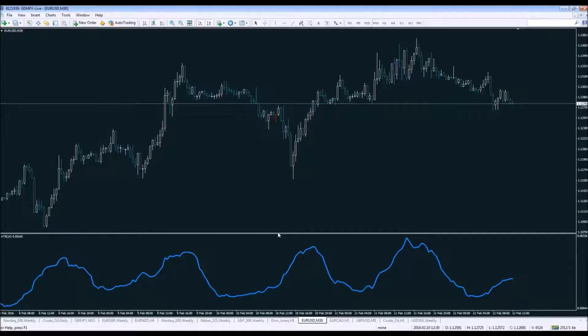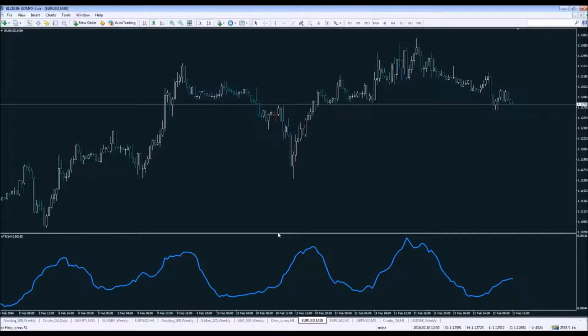So the concept of the ATR starts with the actual true range at first, which is defined as the greatest of the following: the current high less the current low.